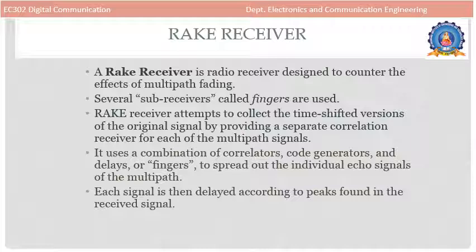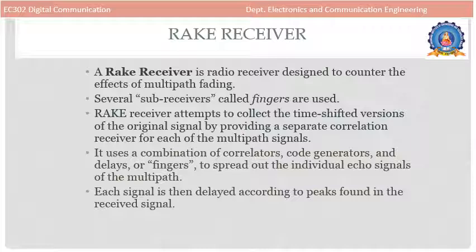In a rake receiver there are several sub receivers. It is a collection of receivers called fingers, and the rake receiver attempts to collect the time shifted versions of the original signal by providing a separate correlation receiver for each of the multipath signals. As we know, multipath means multiple copies of the same transmitted signal.